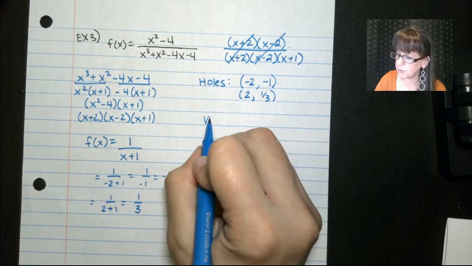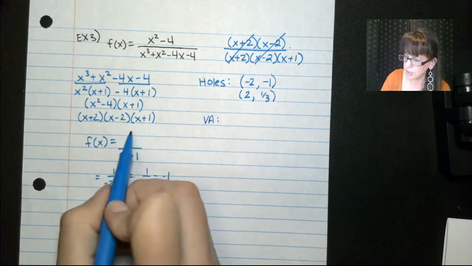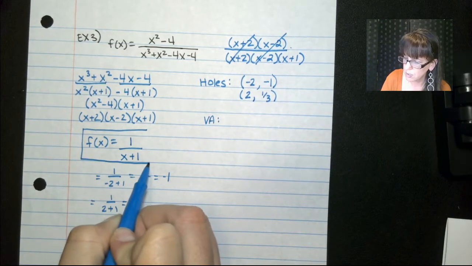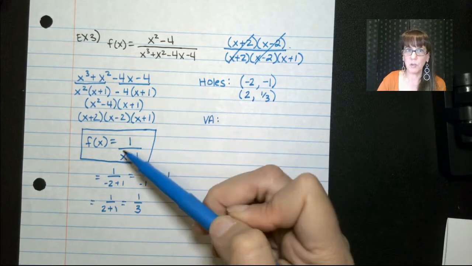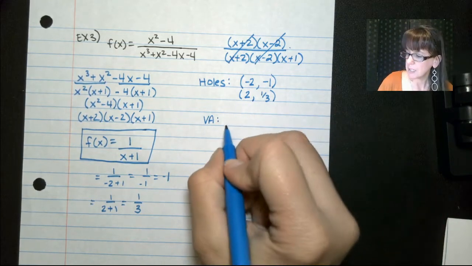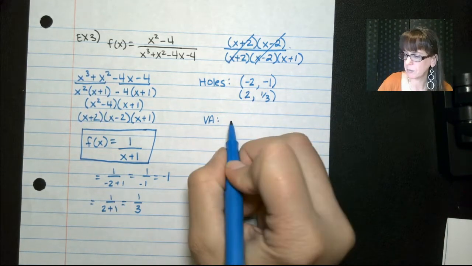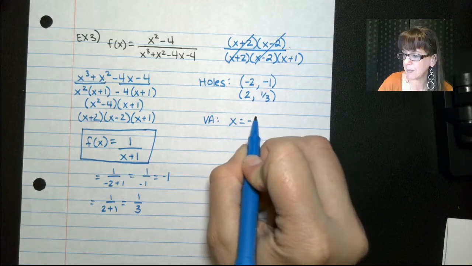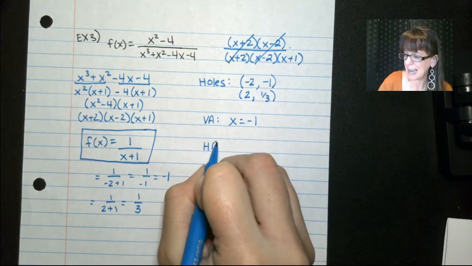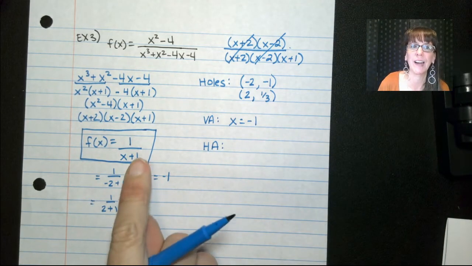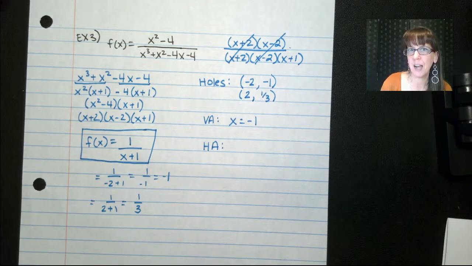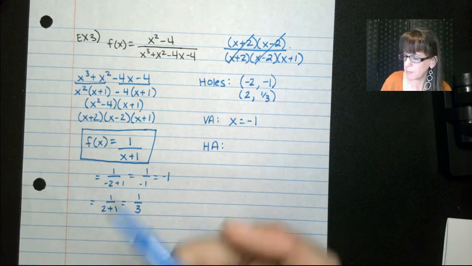We have to find our vertical asymptotes, and this is where it's important to box this in. You don't use this original one, we want to use our new one. Vertical asymptotes, set your denominator equal to 0. If we did that, we would get x equals -1. Horizontal asymptotes asks us to compare our exponents. Remember, if there's not a variable in the top, you can always add one.